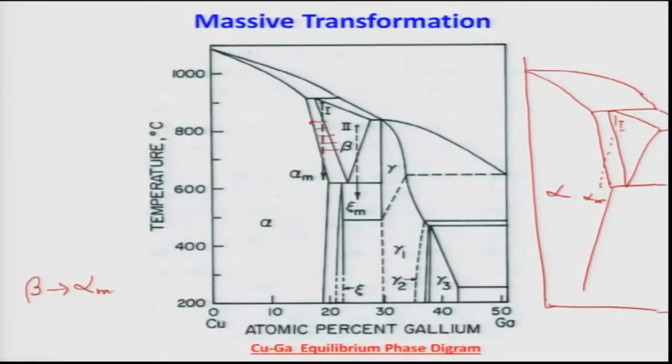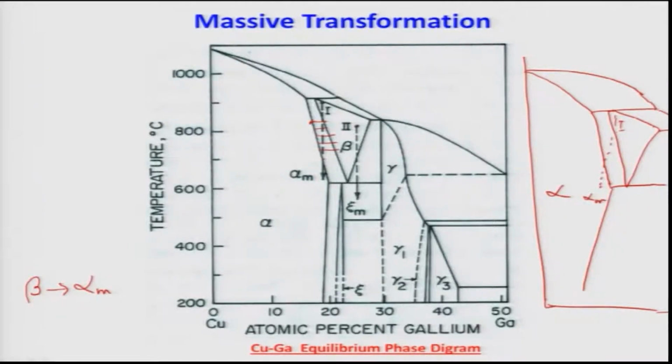Now, let us take another alloy, which is given by 2 here. This alloy is again a single phase beta structure at high temperature, about 800 degrees Celsius. Now, if we cool down slowly, what will happen? Equilibrium situation will prevail, because the phase diagram tells you equilibrium transformations.